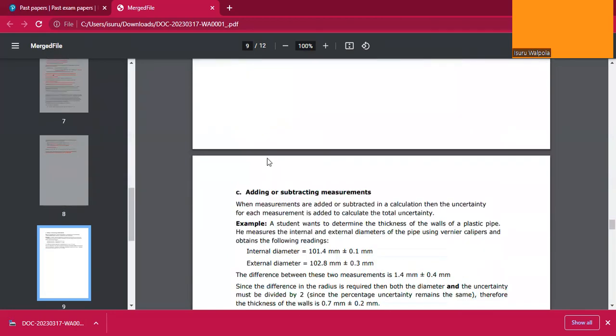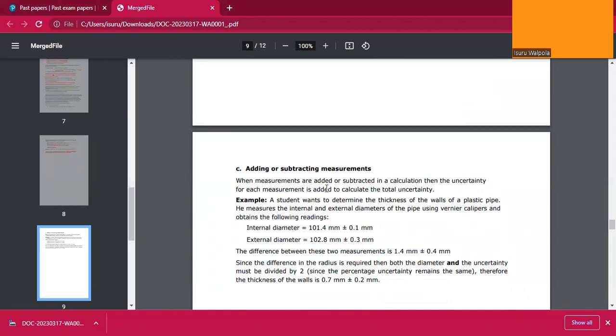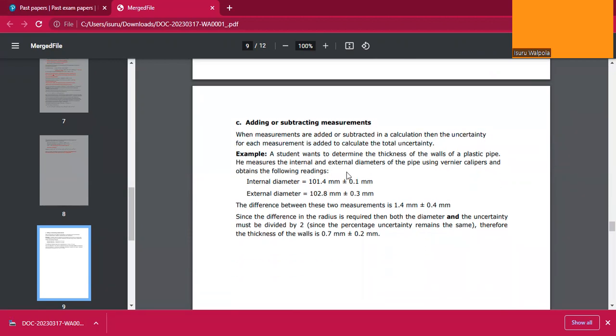But for addition and subtraction, you need to add the uncertainty for each measurement. This is different. For addition and subtraction, you add the uncertainty. For multiplication and division, you add the percentage uncertainty. It's different. This is the easiest one to understand.